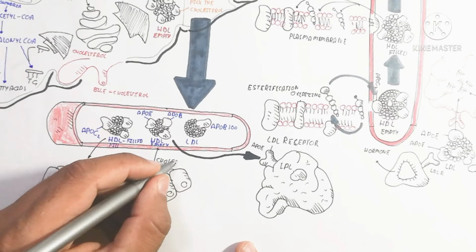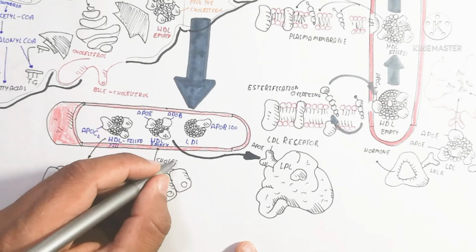So it is important to know that this is in the form of a cycle. For example, the HDL which is filled goes back into the liver, and again the excess cholesterol is either stored in the bile or used again.